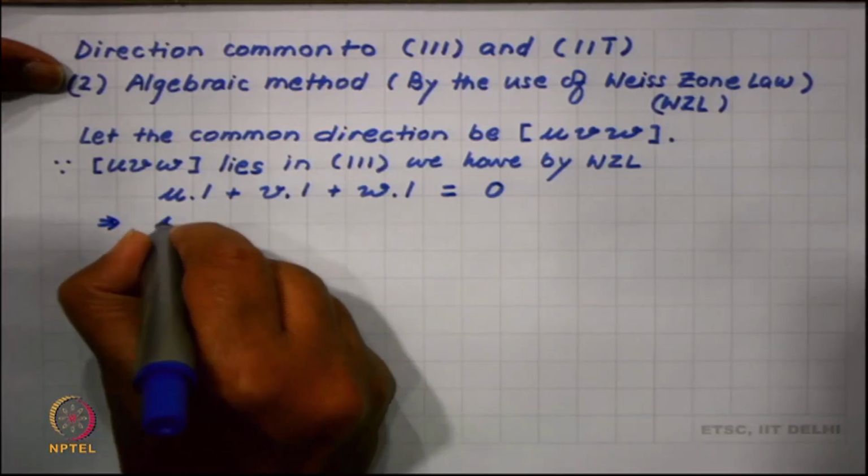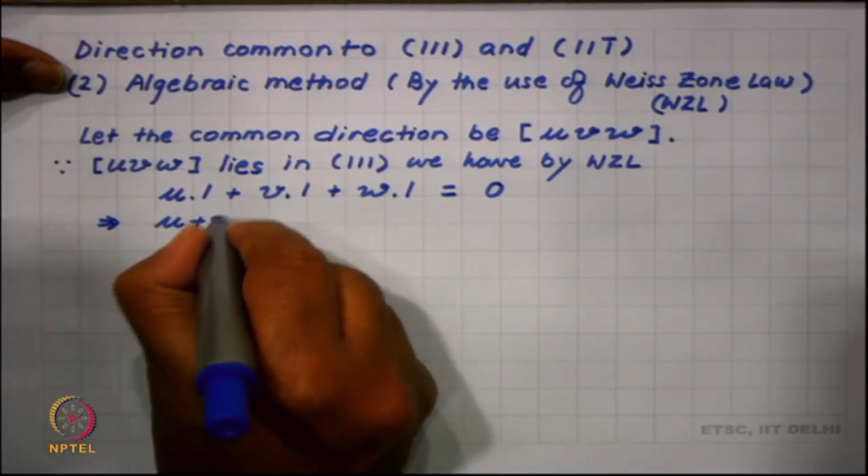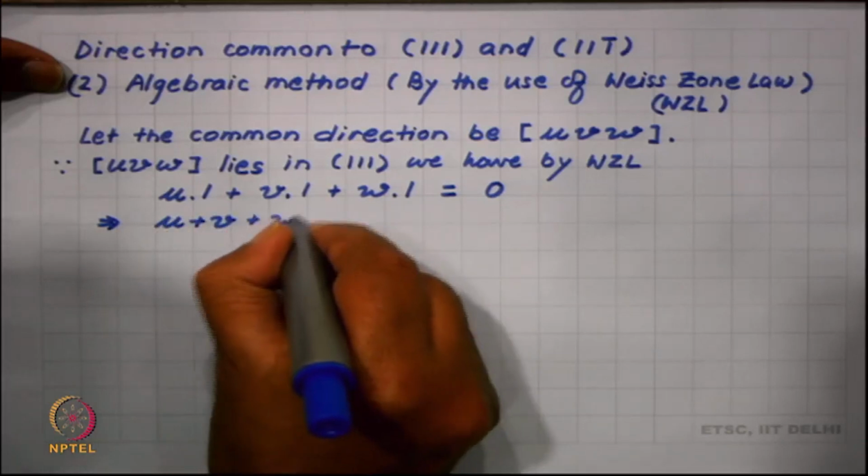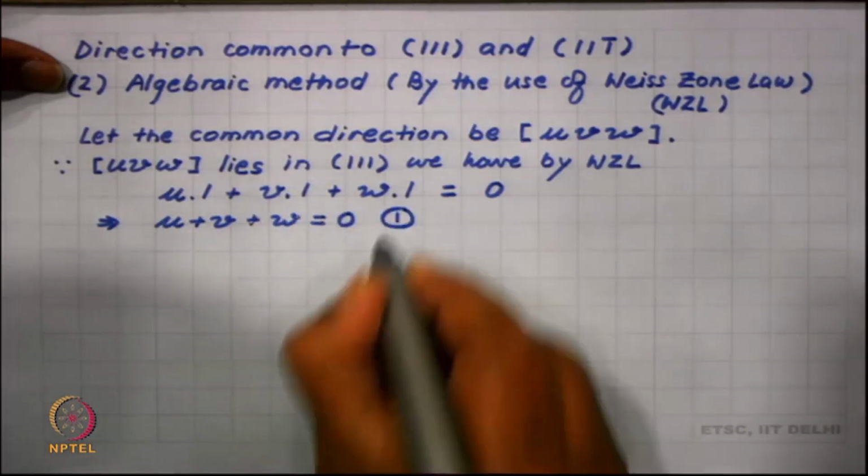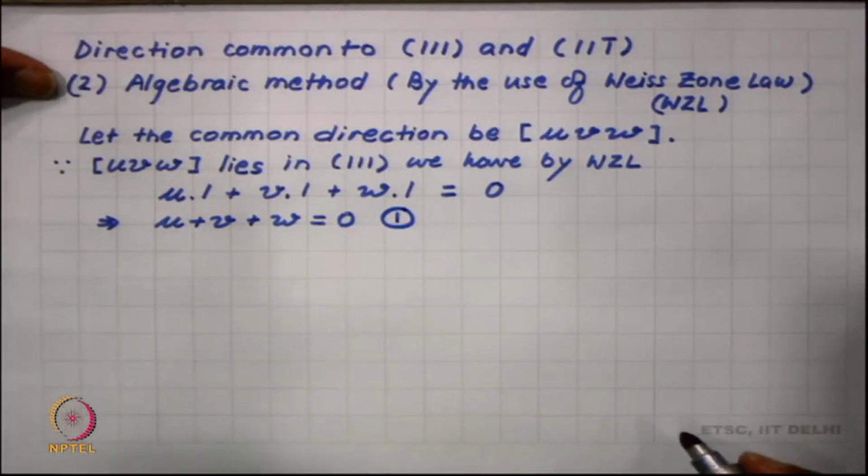Or U plus V plus W is equal to 0. Let this be the first equation.